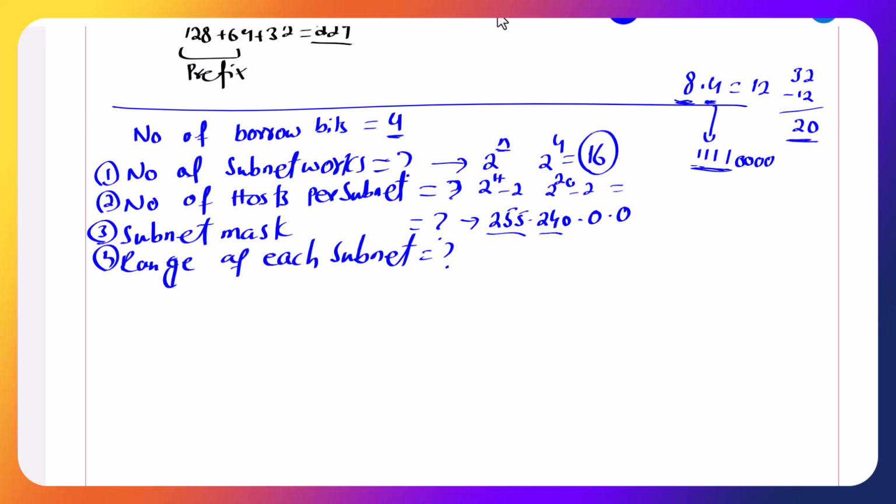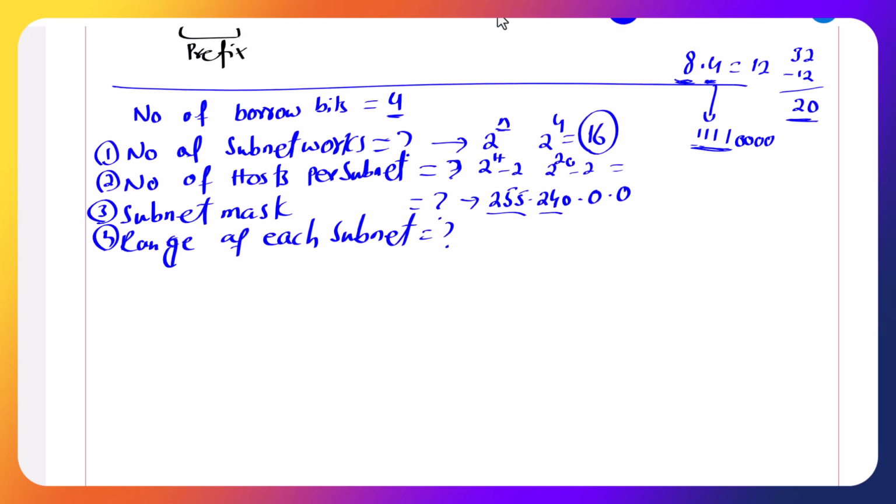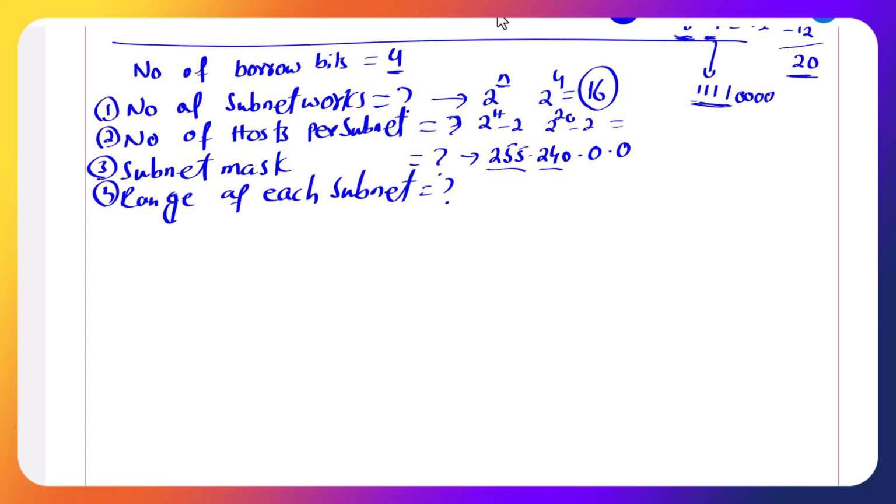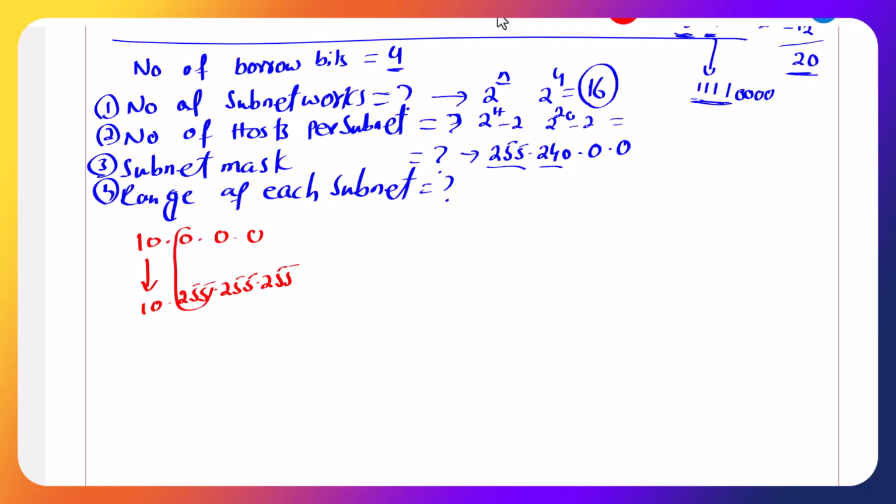It's very simple, my dears. First you have to keep in mind the default value. The default value was 10.0.0.0 to 10.255.255.255. We borrow bits from which octet? From the second octet.